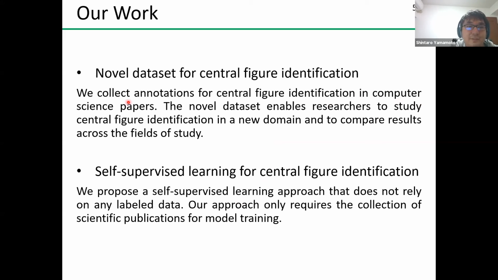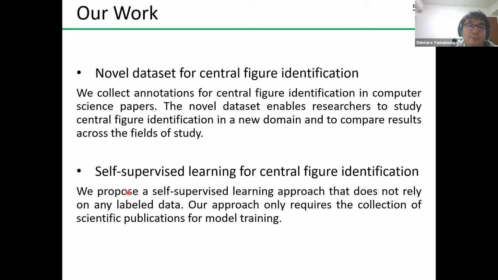In this work, we collect annotations for central figure identification in computer science papers. This novel dataset enables us to study the problem in a different domain, and we can also compare results across different fields of study.